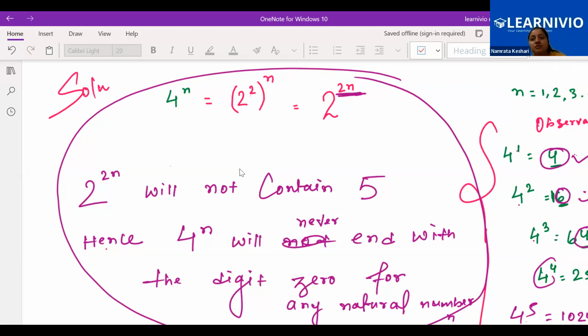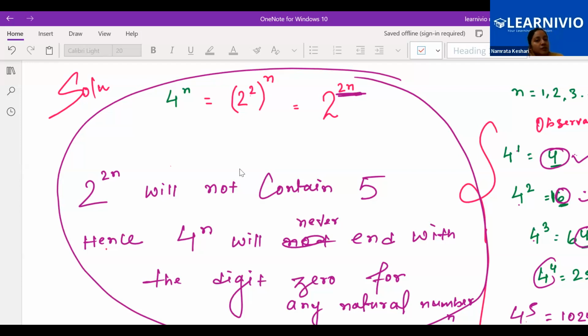The concept which we are learning here is that whenever we have the combination, the product, the factorization of 2 and 5, then and only then the number's last digit will be 0. It applies everywhere, not only for this standard or this chapter. Always in mathematics, take any number: if the end digit is 0, that means the factorization must contain 2 and 5.